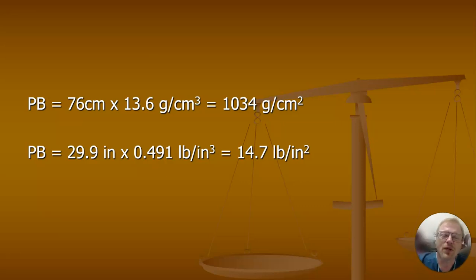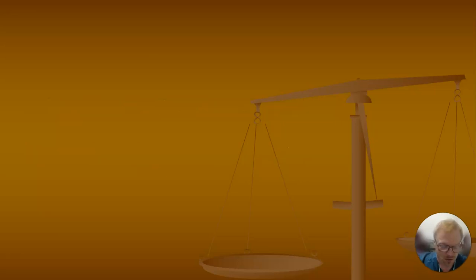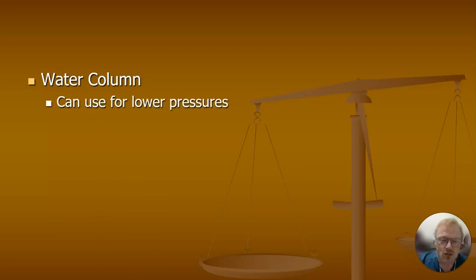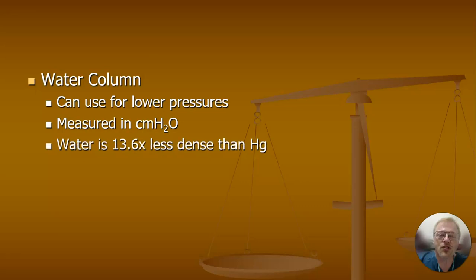But what happens if we use a different liquid? What if we use water? Well, we do use water for lower pressures, and we measure that in centimeters of water. Now, why do we use it for lower pressures? Because water is 13.6 times less dense than mercury.